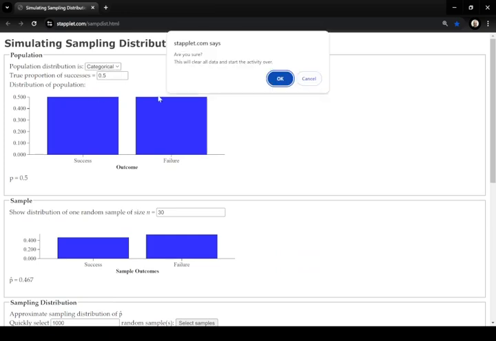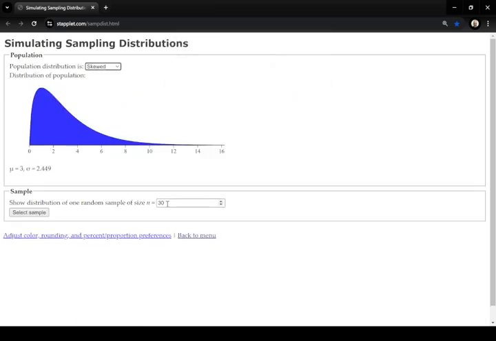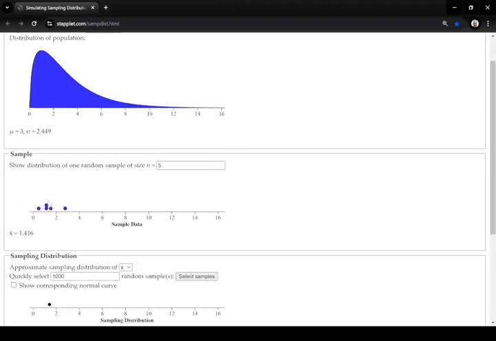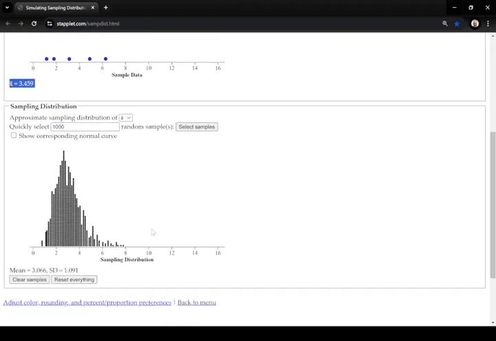So let's go back to the skewed distribution, and we're going to take a small sample, like 5. If I take a sample of 5, now that's my one sample of 5. It's not very accurate. And then let's just do 1,000 of these. And this is the distribution of my 1,001 X bars.